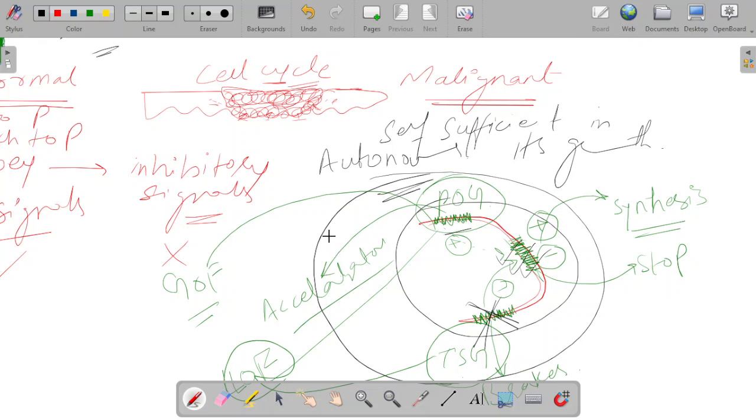So this is the first condition in malignancy, or the first difference: a normal cell cycle is under strict control, but a cancer cell is self-sufficient in its growth mechanism, not obeying any particular growth signals or stimulatory signals. It divides or proliferates on its own automatically. So this is the first thing. Now let us continue our discussion ahead.